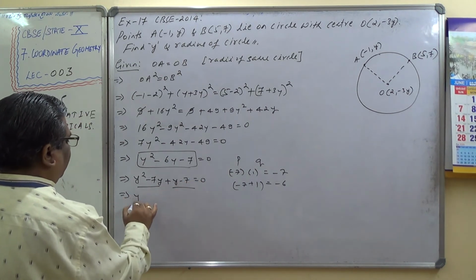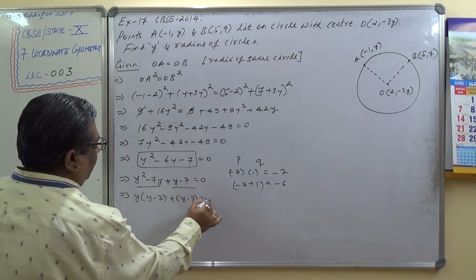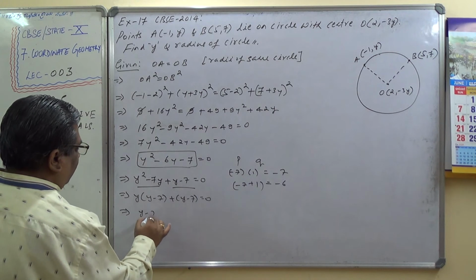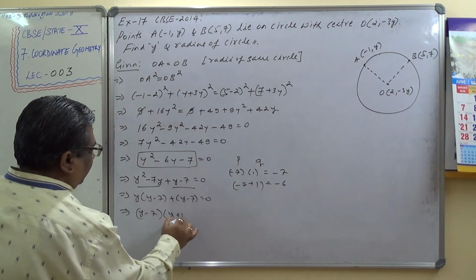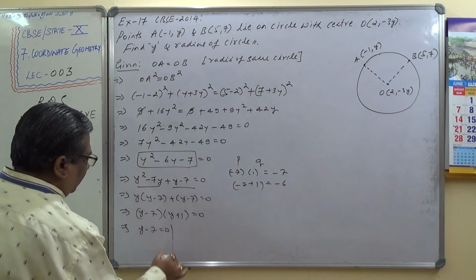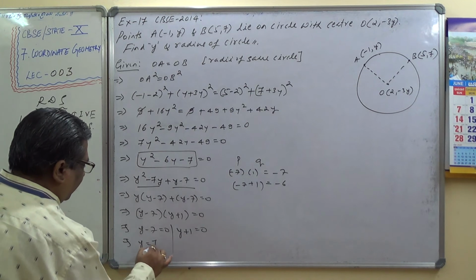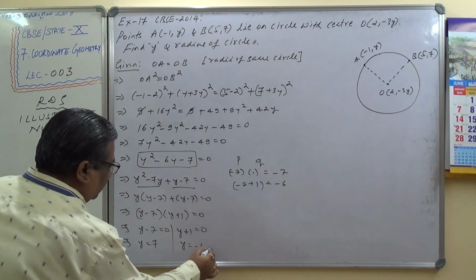Take common here. Y minus 7 into y plus 1 equals 0. Y minus 7 equals 0, y equals 7. Y equals minus 1.